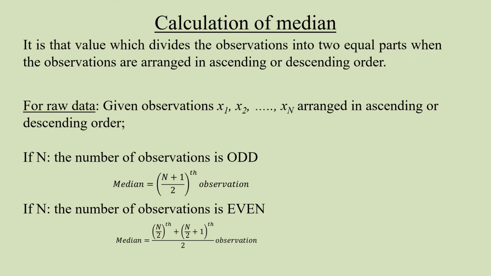If the number of observations that are arranged in ascending or descending order is odd, that is capital N is odd, median is obtained as n plus 1 by 2th observation. Similarly, when n is even, median is obtained as the average of the n by 2th and n by 2 plus 1th observation.